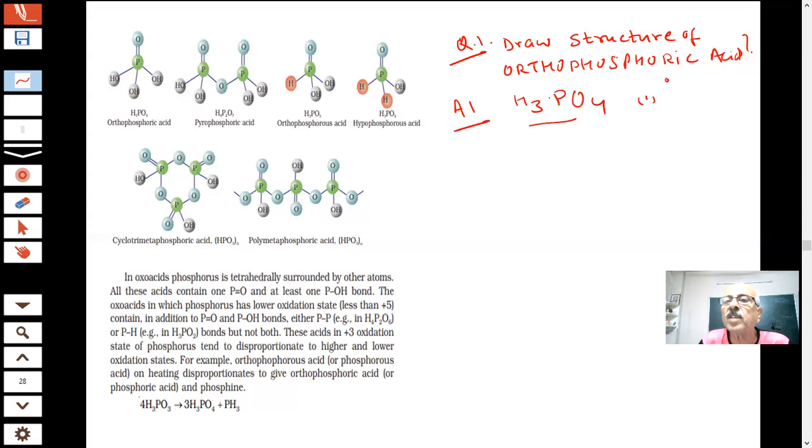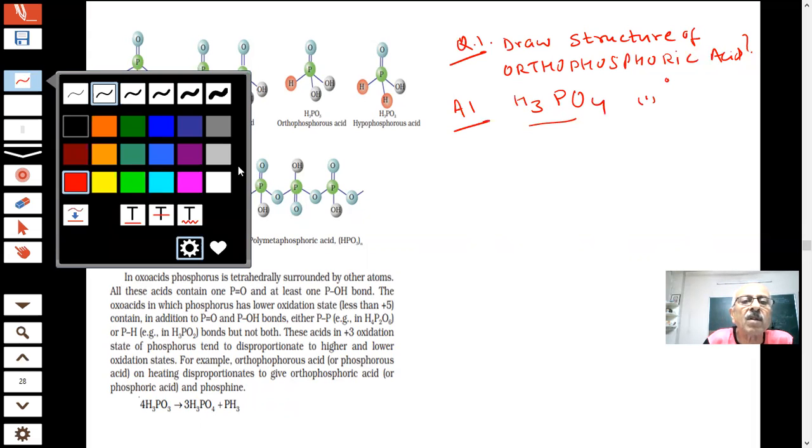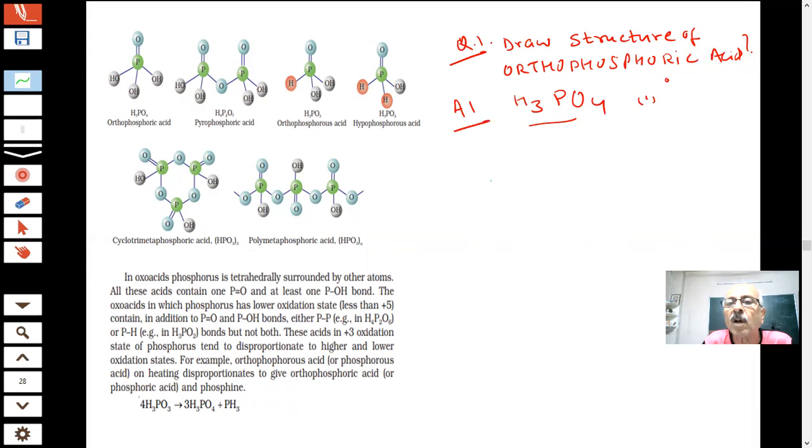Phosphorus is the central element. It is an oxoacid, so I will put one oxygen with a double bond. Now, how many oxygens are left? Three oxygens.